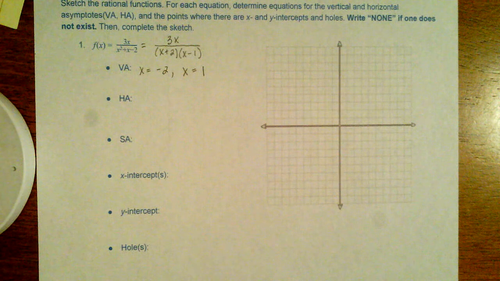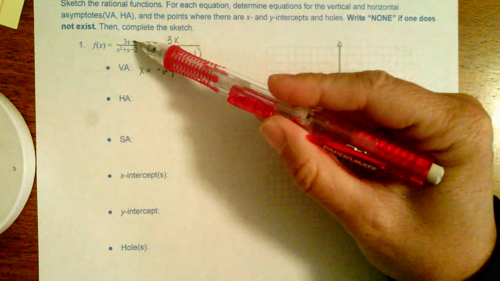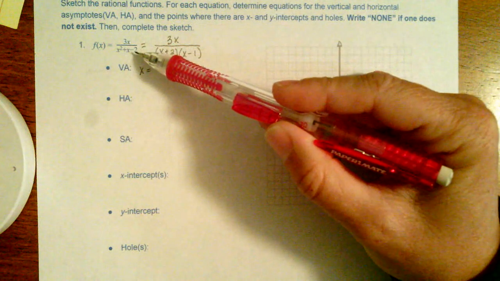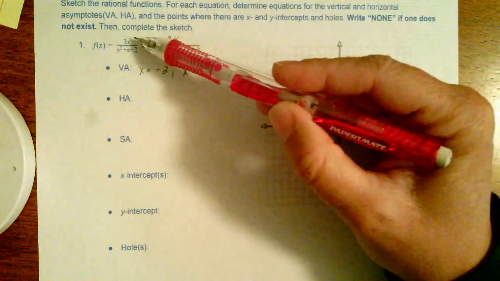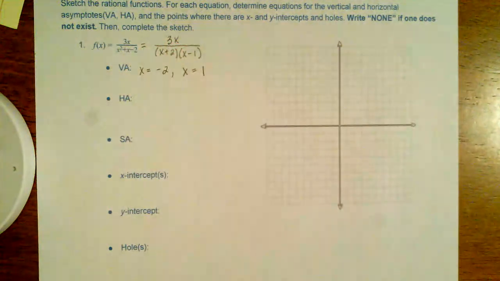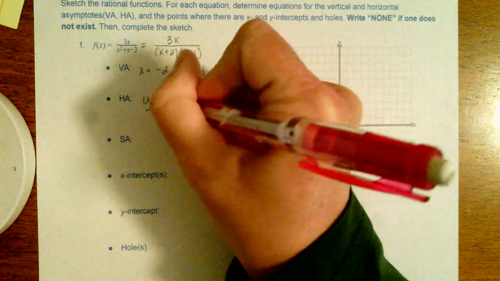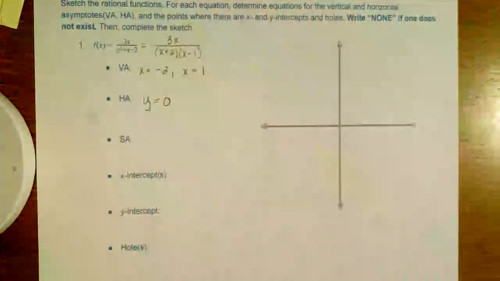Next, for our horizontal asymptote, we have to compare the degree of the numerator to the degree of the denominator. The degree of our numerator is 1. The degree of our denominator is 2. Since the degree of the denominator is greater, we're going to have a horizontal asymptote at y equals 0.